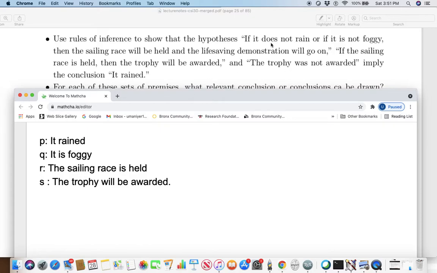So what are the hypotheses? Let's go through the hypotheses. Okay. It does not rain.